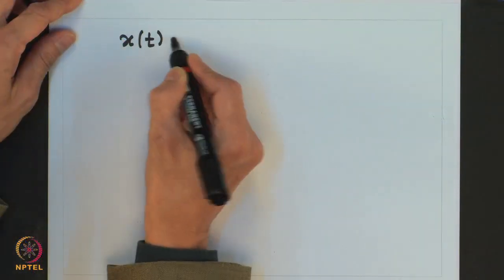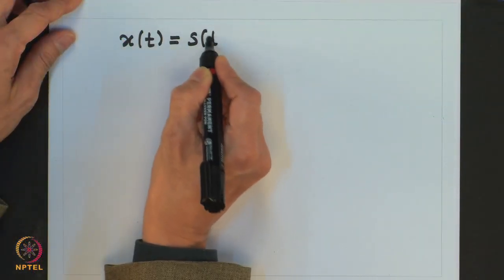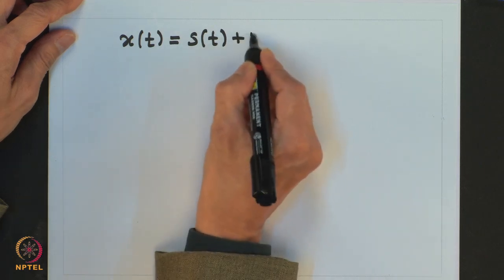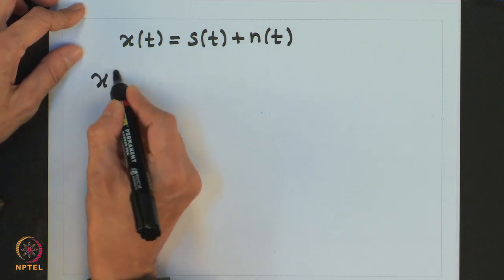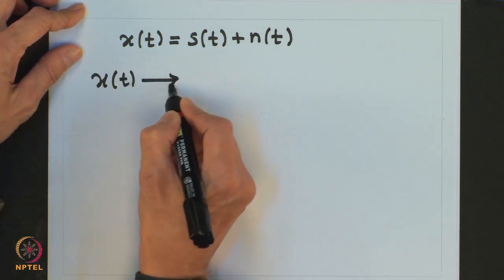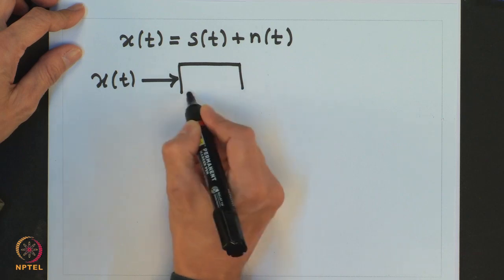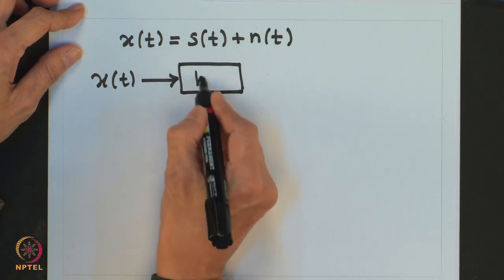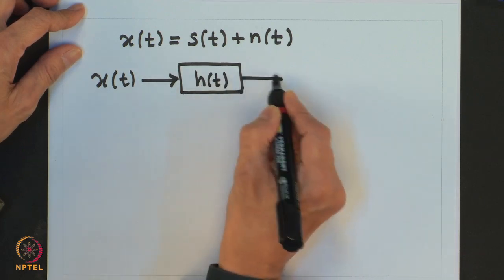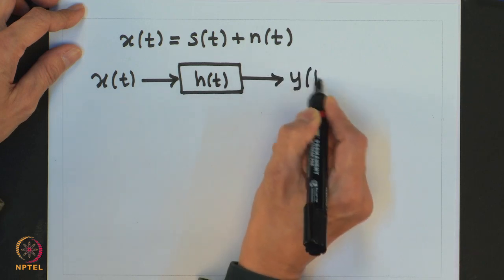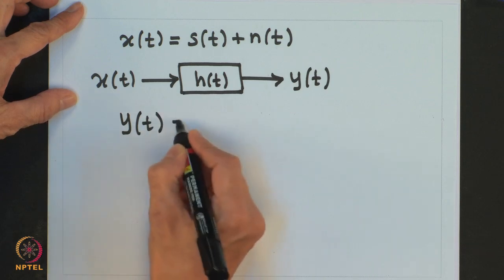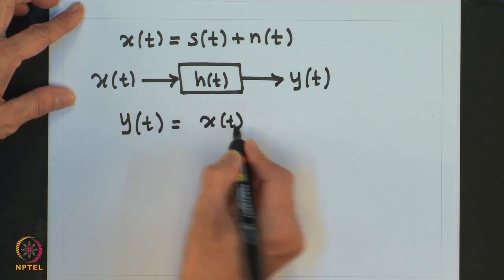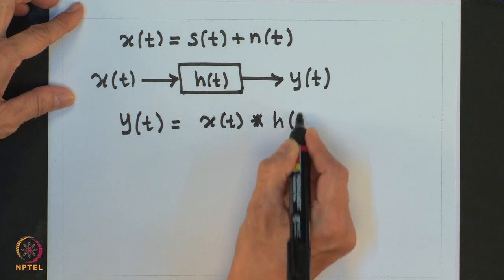Okay. Another interesting property of the matched filter is the signal to noise maximizing property. Let us assume that we have a signal xt which is equal to the desired signal st plus noise nt, and this signal xt is passed through a filter with an impulse response say ht to get the output yt. So, your yt will be equal to xt convolved with ht.